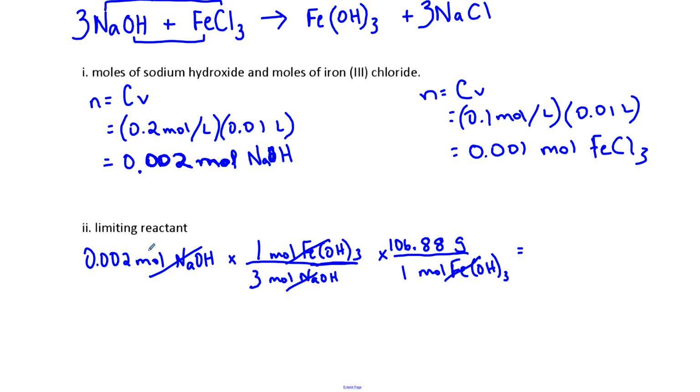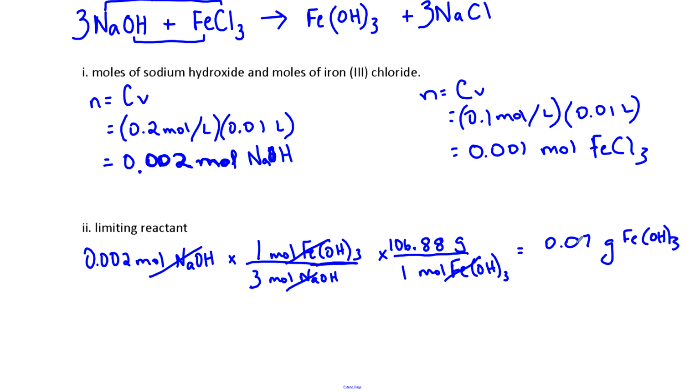So 0.002 divided by 3 times 106.88. And that would give me 0.07 grams, and that is going to be of the FeOH3.